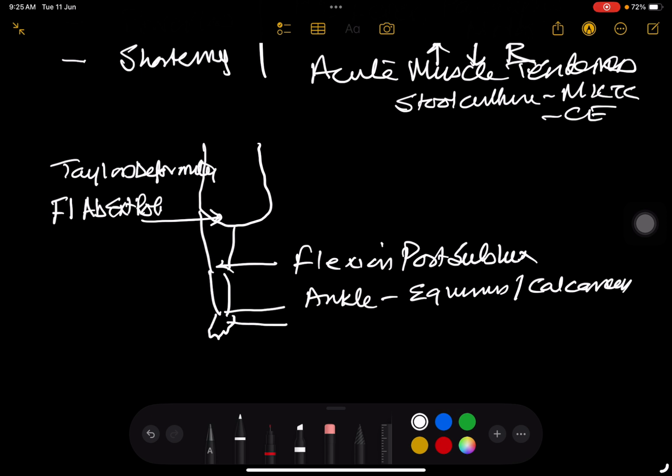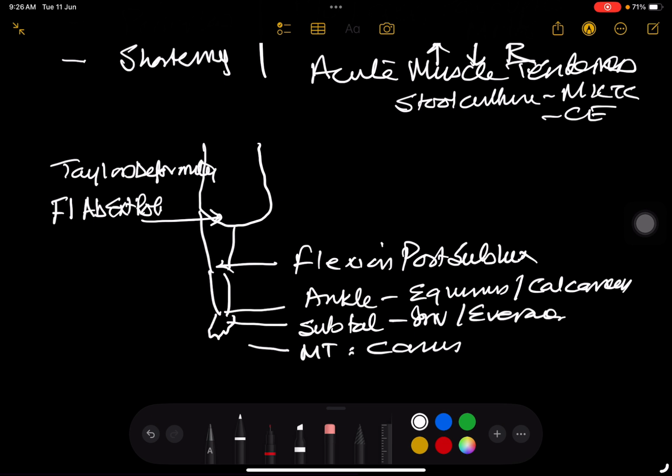On the subtalar joint, inversion, eversion. On the mid-tarsal joint, cavus, planus.